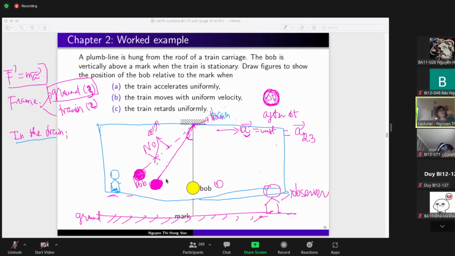Okay, good. Then next, we call it A212. And A12, so the acceleration of the bob is 1, 2. The acceleration of the bob with respect to the train, 1, 2.